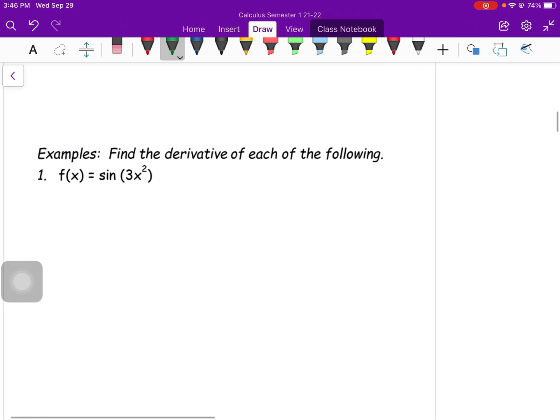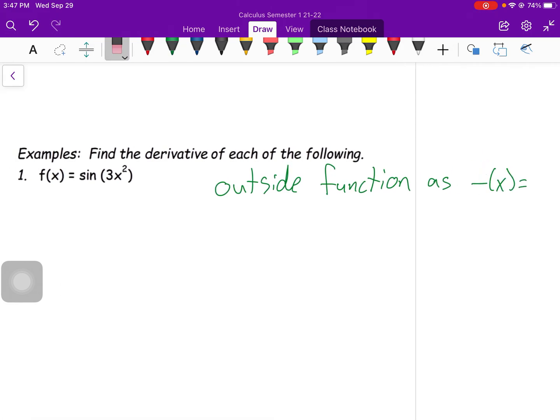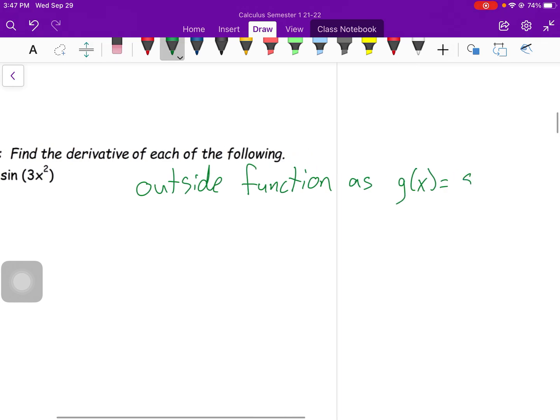So for this first one, I'm going to think of my outside function as, I shouldn't use f of x because f of x is in the question. I'll think of it as g of x is equal to sine of x.